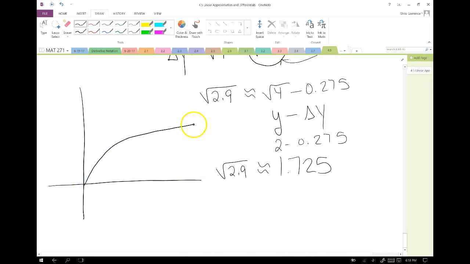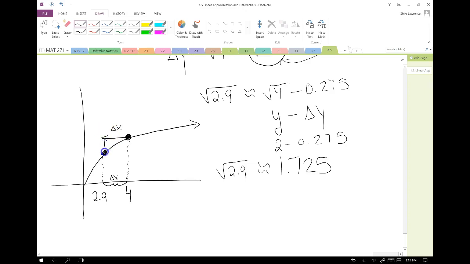So when we have our square root x graph, and here's 4, it's saying, I just want to move a little bit. So here's 2.9. This distance is change in x. So I need to go that way to get to my new x value.